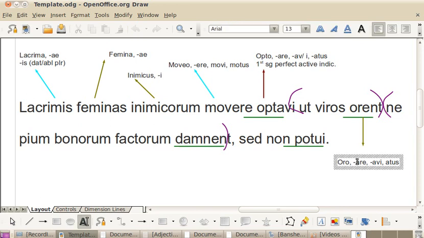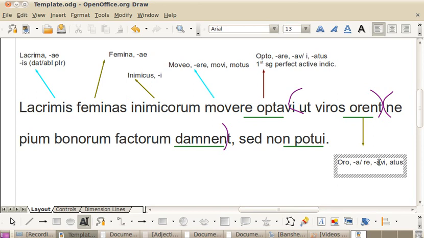The present stem you derive from the second principal part and remove the RE. But here we have an E, and that suggests a vowel shift has happened. When we have the stem vowel, ora, changed to an E, that's indicative of a present subjunctive verb.